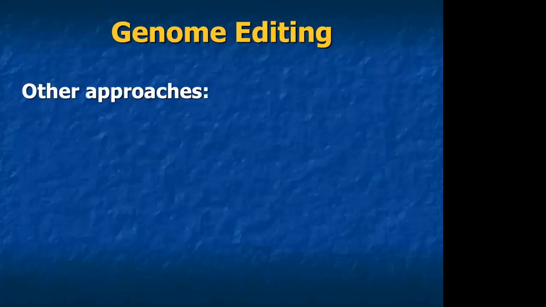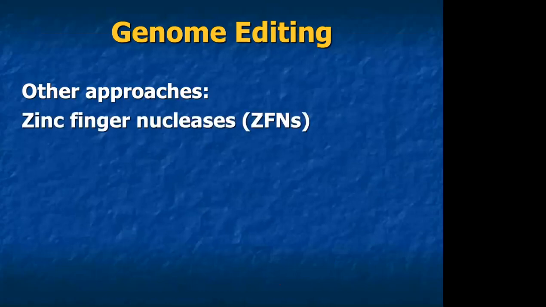There are other approaches to genome editing that have been around for a while. Zinc finger nucleases. Zinc finger is one of the motifs that is involved in binding to DNA. So you take the DNA binding domain and you replace the activation domain with a nuclease. The zinc finger is specific for specific sequences.